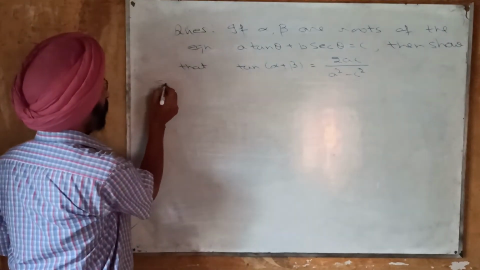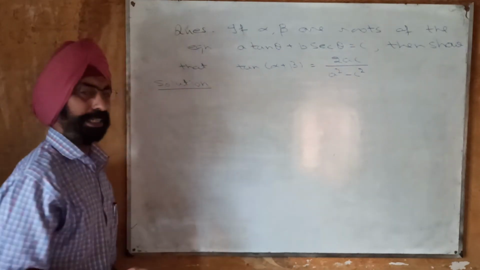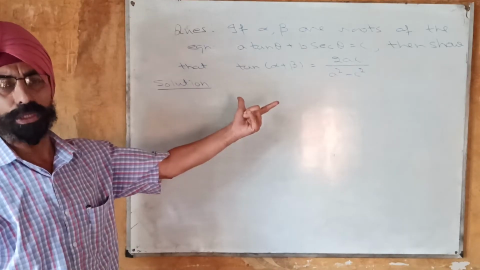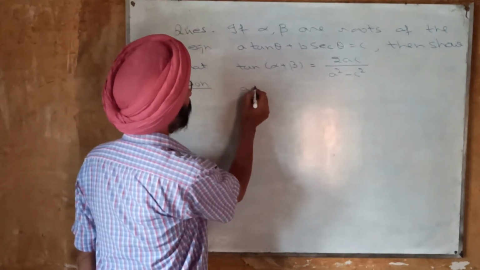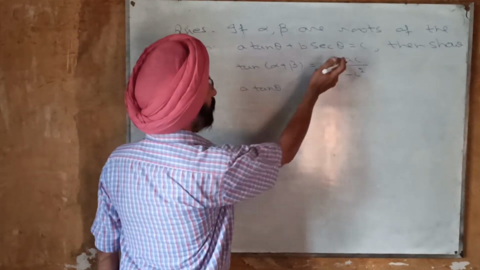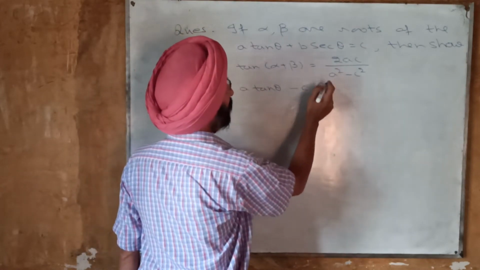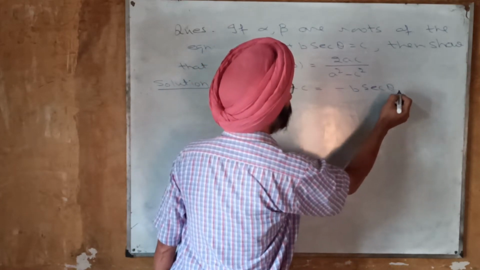The solution is not very difficult, in fact it is very easy. Just keep your concentration on what is required, what result you need. So this equation, this is a tan theta. I am taking this c to the left hand side as minus c, and this b secant theta to the right hand side as minus b secant theta.